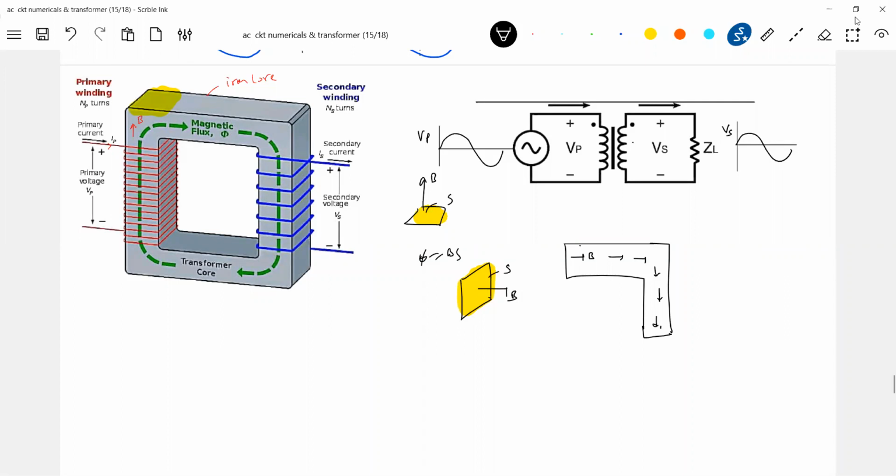EMF induced in the primary coil, EP, I'll write it. This should be equal to the number of turns N1 into d phi by dt. EMF induced in the secondary is the number of turns into d phi by dt. Now the flux linking the turns is made constant.